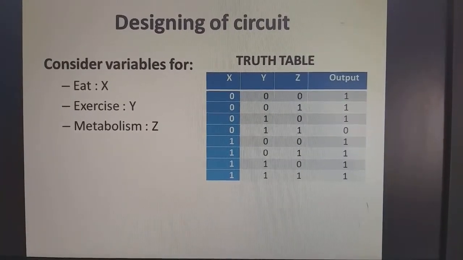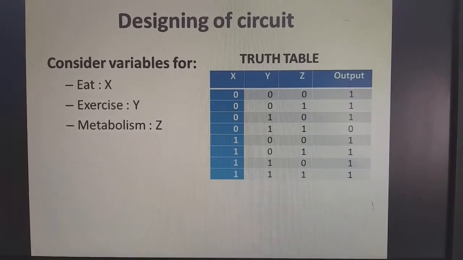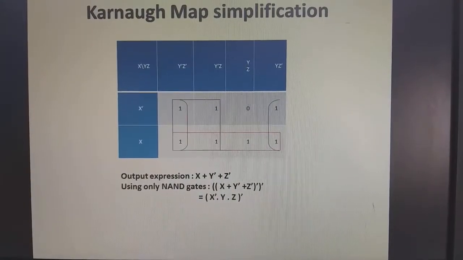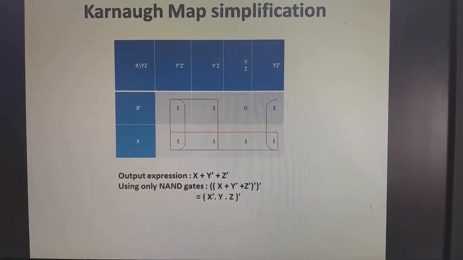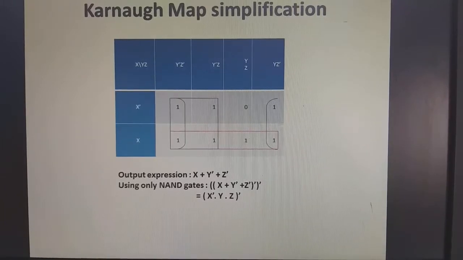This truth table has to be realized using only NAND gates, or you have to satisfy the truth table when you design the circuit. So this is the truth table. This is the Karnaugh map simplification being done. So the expression that you get after simplification is x complement, y and z the whole complement. Fine.